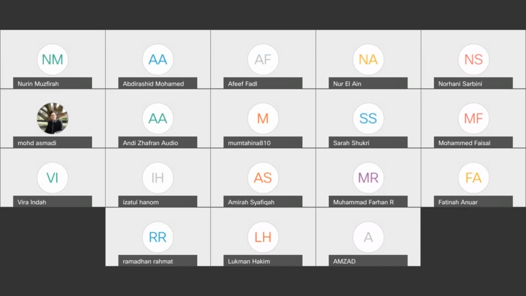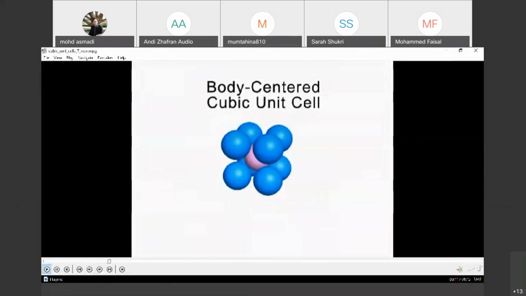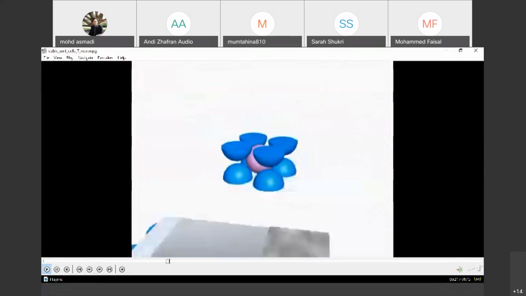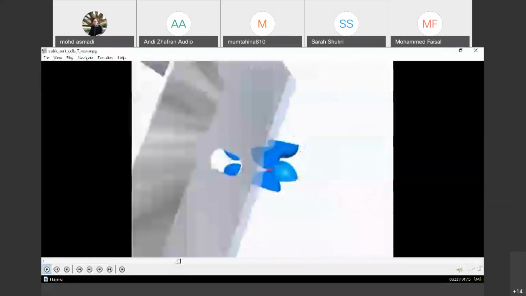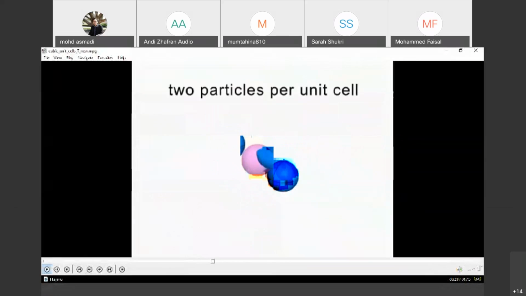See the body-centered cubic, there is one atom at the center. 1, 2, 3, 4, 5, 6, particles per unit cell.